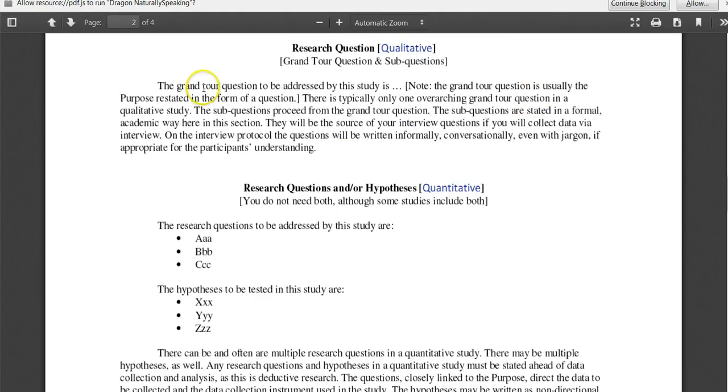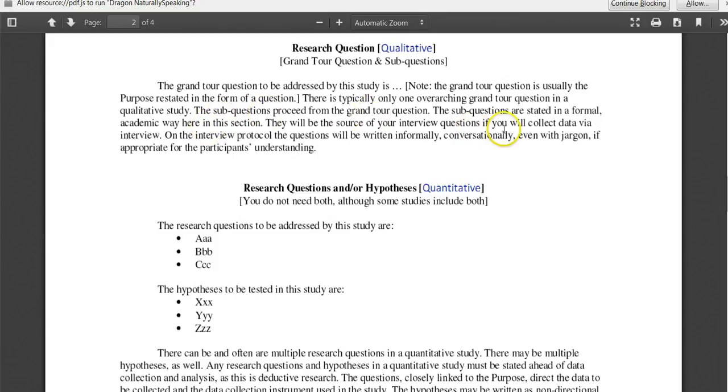Now we come to our research questions, and we frame those up very differently. If we're talking about a qualitative study, we have a grand tour question, a single overarching question that's referred to, in the nomenclature of qualitative research, as the grand tour question. From the grand tour question, then sub-questions are derived.